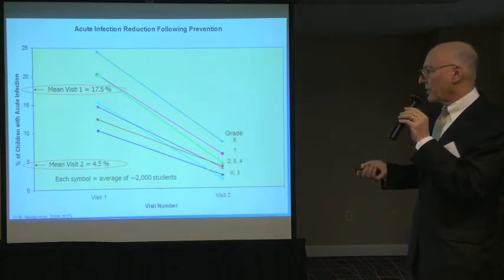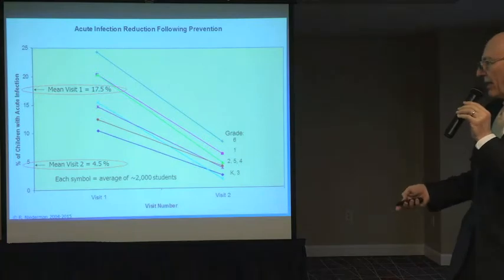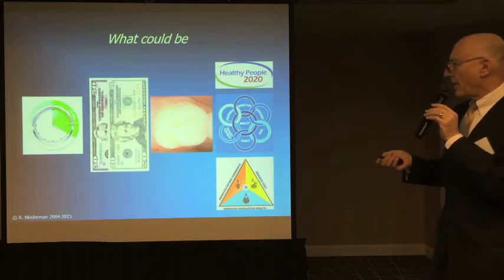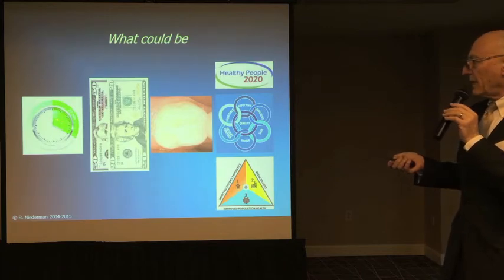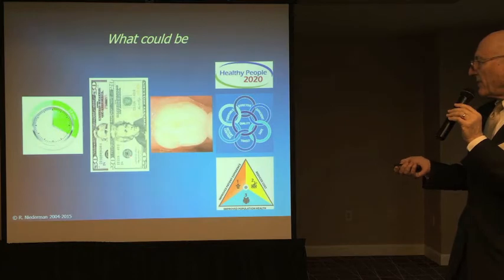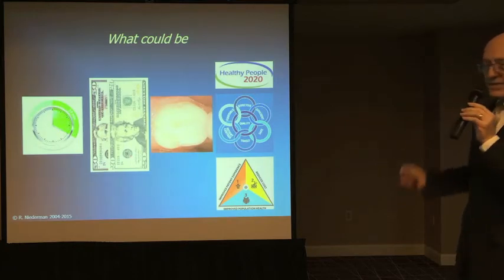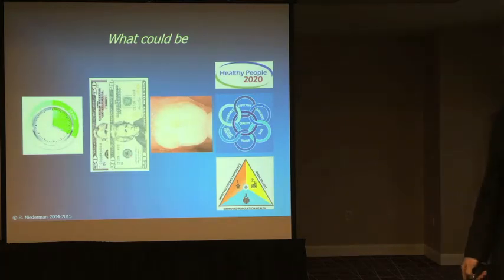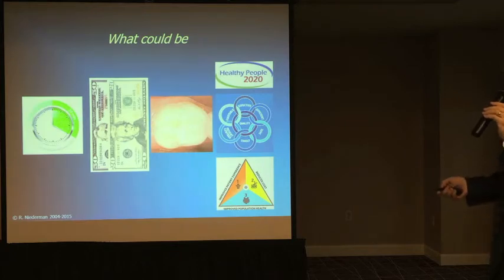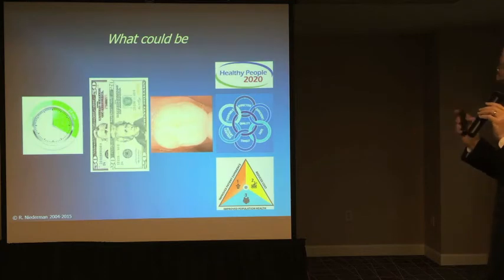The next visit was 4.5%, and then it went down to 0.5. It took us, on average, 20 minutes per kid. It cost $68 per kid per visit to do the care. We exceeded the Healthy People 2020 goals prior to 2010. We met all of the Institute of Medicine's 6 quality aims and the 3 Affordable Care Act aims.